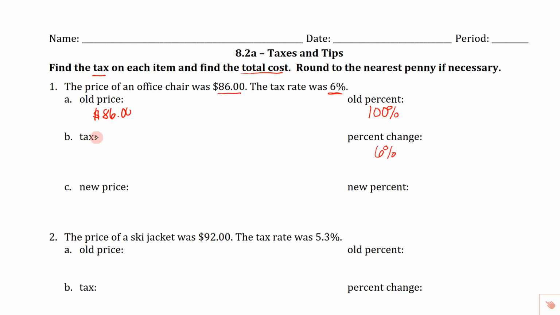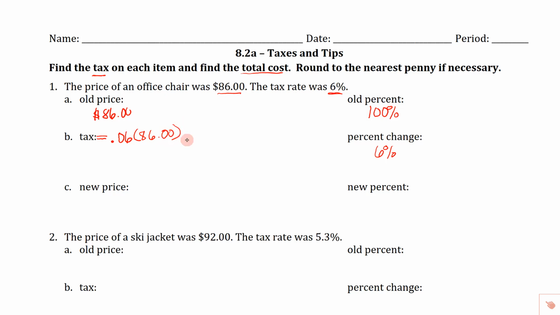So remember, tax is, so we always do our equal sign. We want our percent in decimal form, so we move our decimal 2 to the left. So in decimal form, 6% is 0.06. And then we multiply it by our original value, which is $86.